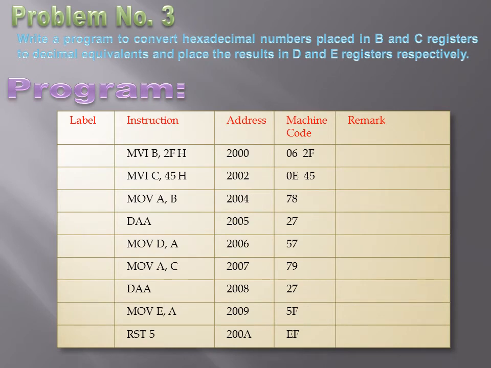We first load some data bytes into the B and C registers, say MVI B, 2FH and MVI C, 45H.